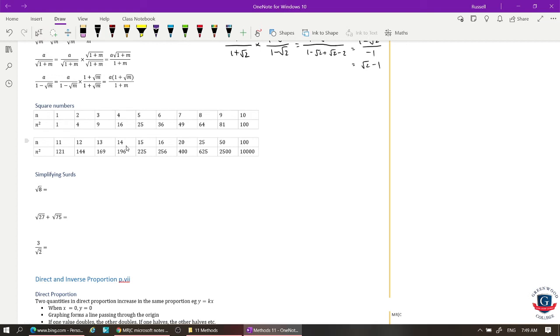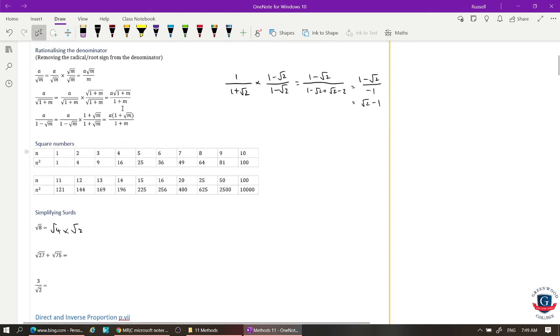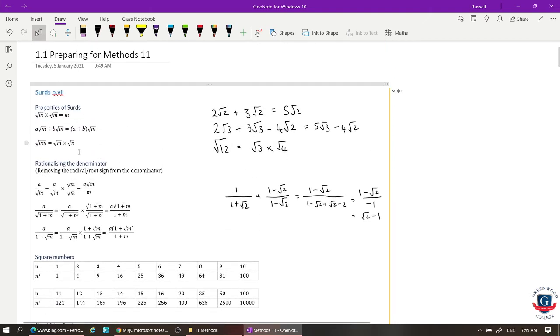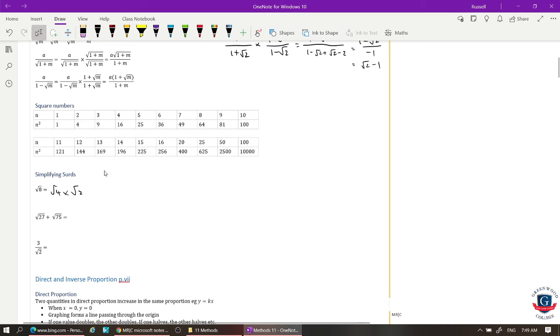Now, the trick to simplifying surds is to split them into square numbers and non-square numbers. So in this case, root 8 can be split into a square number, root 4, and root 2, as per the first property up here. And we know that root 4 is actually 2, and thus we can simplify it to 2 root 2.